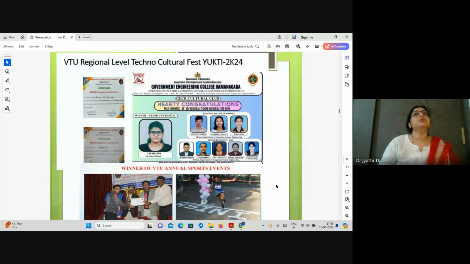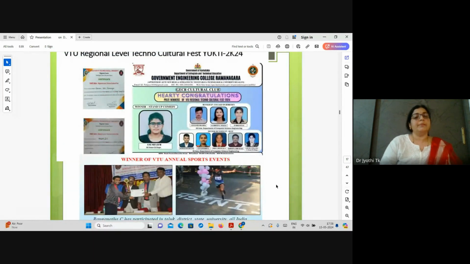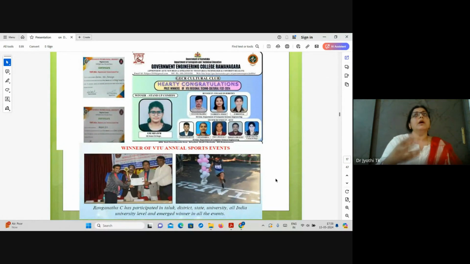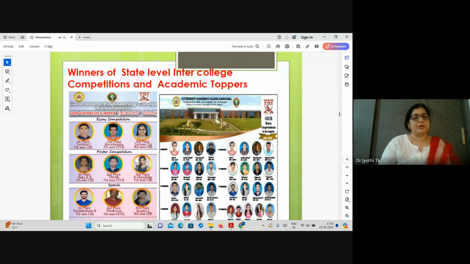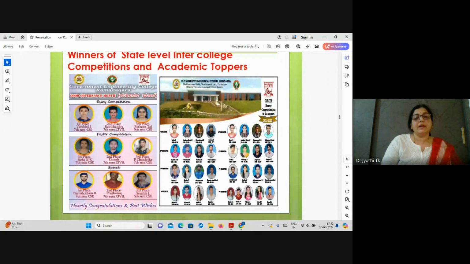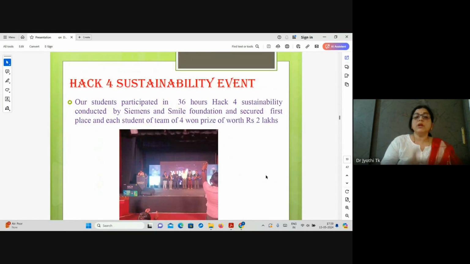The main purpose is to encourage them, to motivate them. So that is the main purpose of showcasing their talent and recognizing their contribution. So these are all the posters, winners at the various state level inter-college competitions and academic toppers. So and what is the outcome of this?